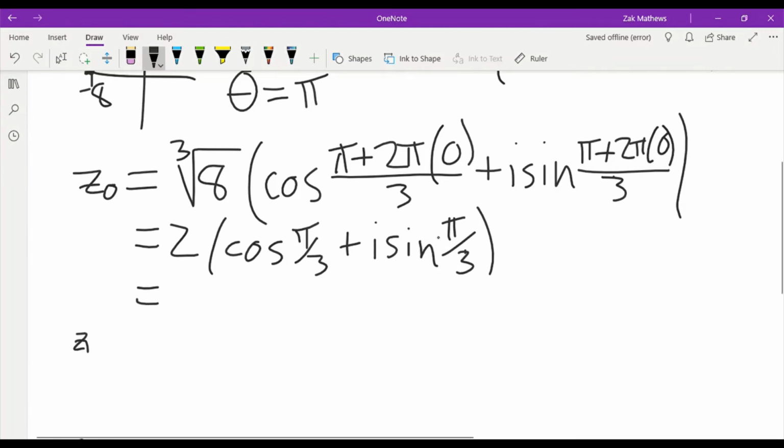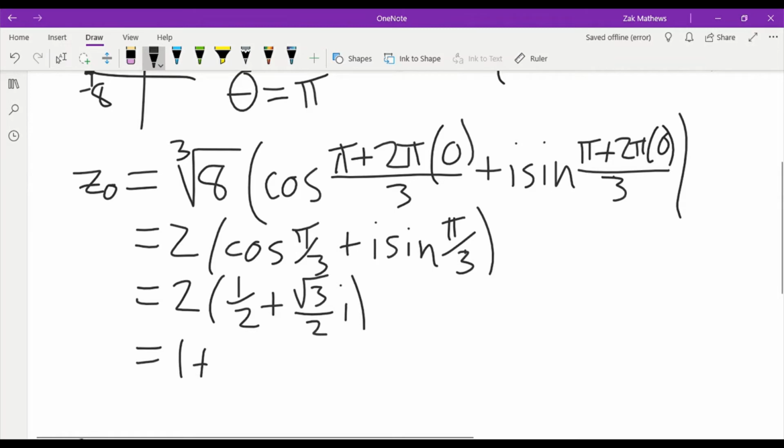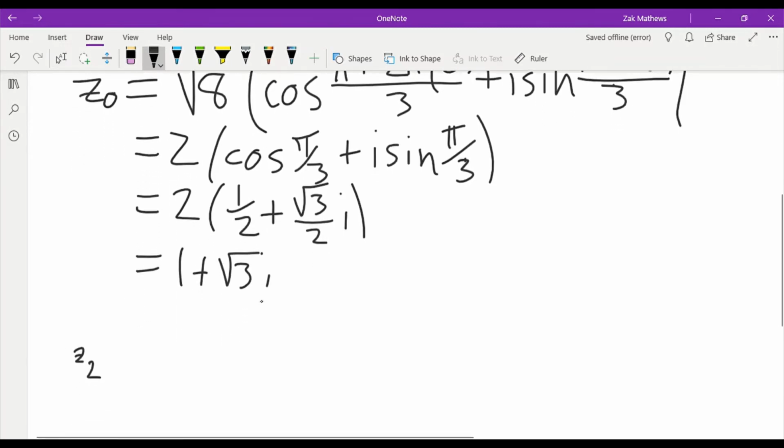If I were asked to leave in polar form, this would be my answer. But we can calculate these exactly. Cosine of pi over 3 is 1/2. And sine of pi over 3 is root 3 over 2. And so when I distribute that 2, I'll be left with 1 plus root 3i. So there is the first of my three roots, the three third roots.